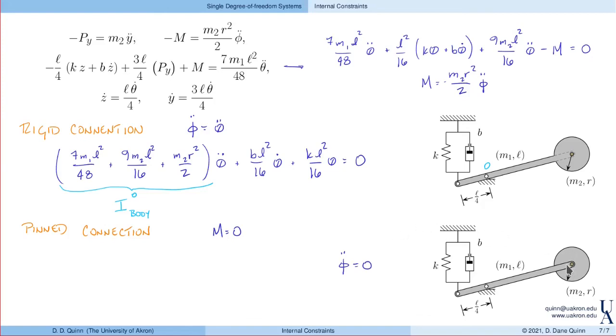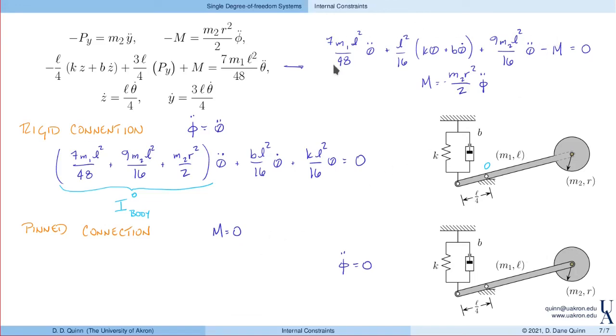So this disk can rotate, but if it does so with constant angular velocity. So there should be a constant rotational speed that was determined by the initial conditions. Of course, we're neglecting all of the dissipation that might exist at a real pin joint and things like that. But under these assumptions, this is the behavior of the disk rotation.